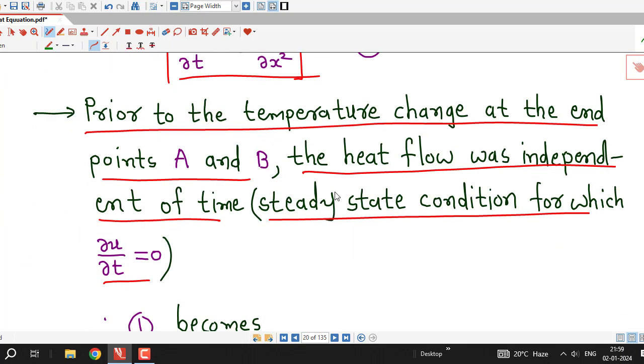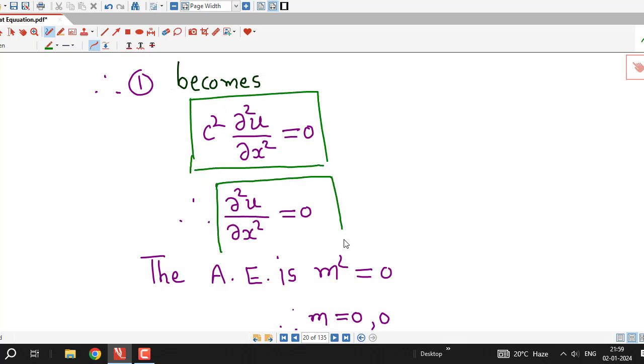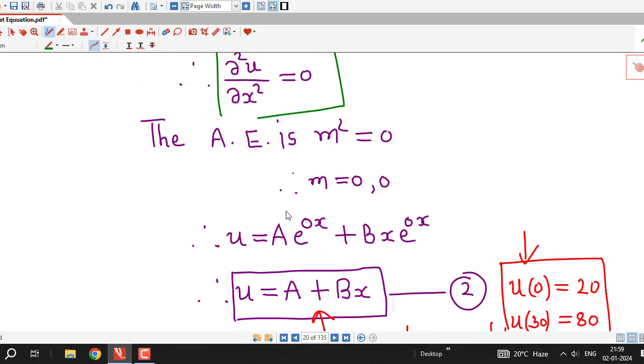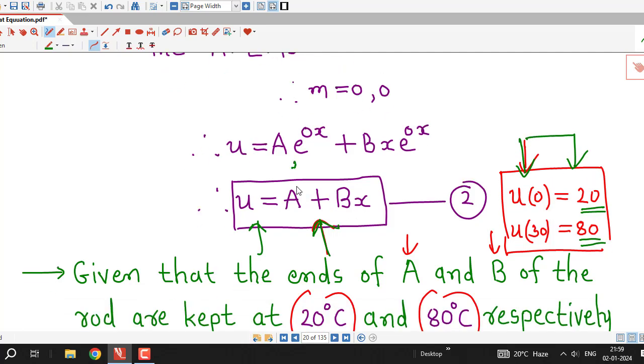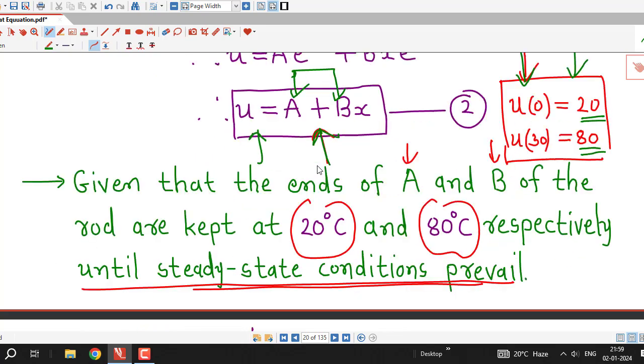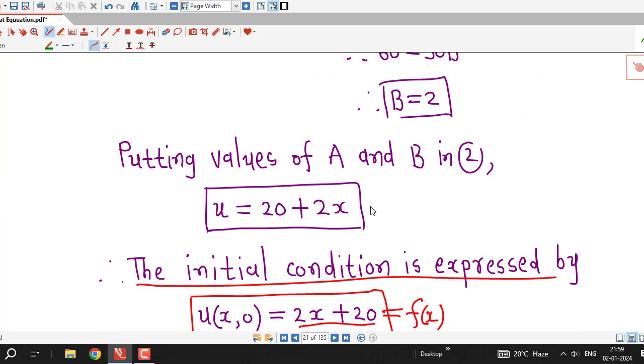So using that information and using the heat equation, which during steady state becomes del square U by del x square equal to 0, and this is the solution of the heat equation during the steady state situation. And using the information that the temperature at the end points is 20 and 80, we are able to determine these constants a and b, and whatever we obtain, that is the initial condition.